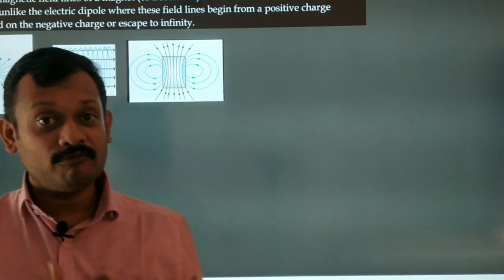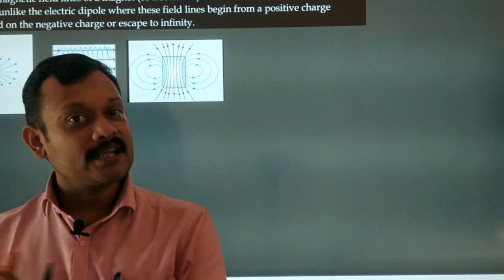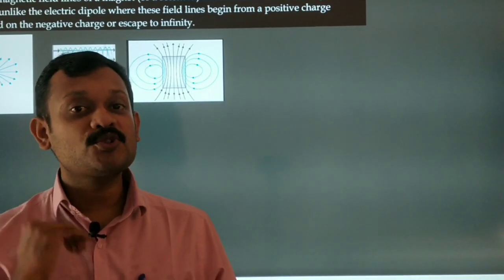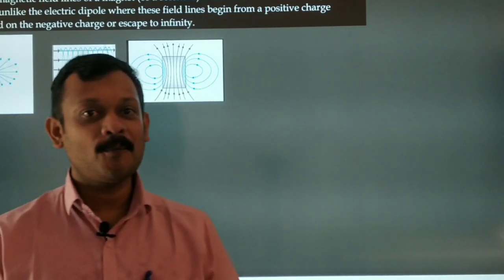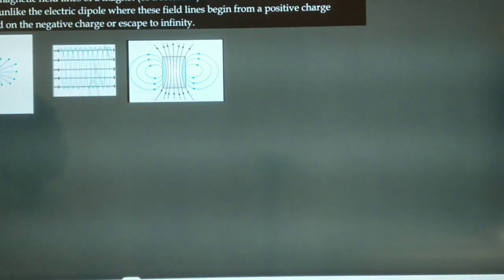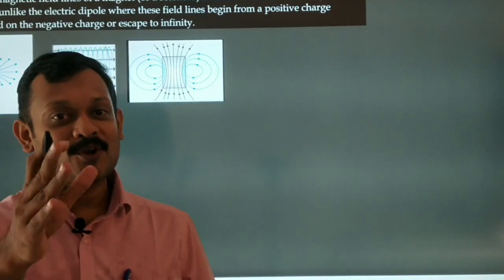We have told while discussing electrostatics that electrostatic field lines never form closed loops. Magnetic field lines always form closed loops.